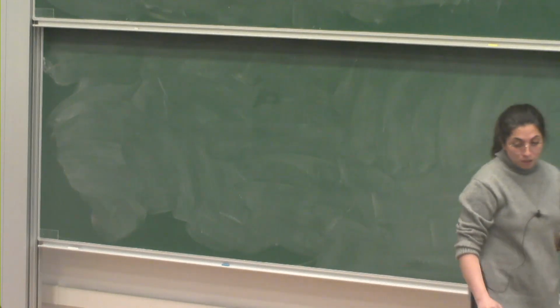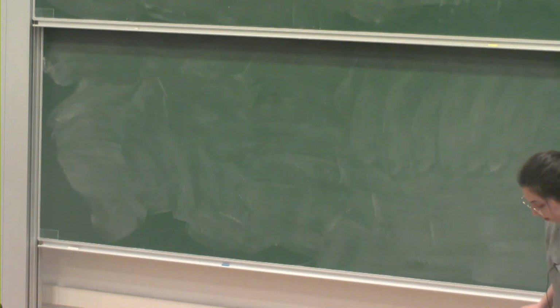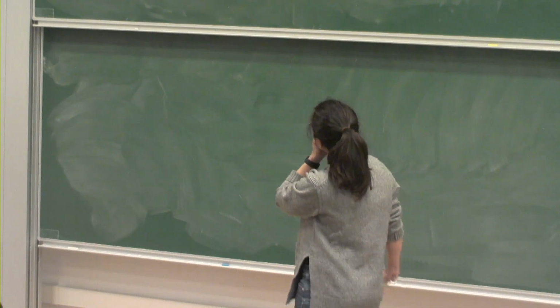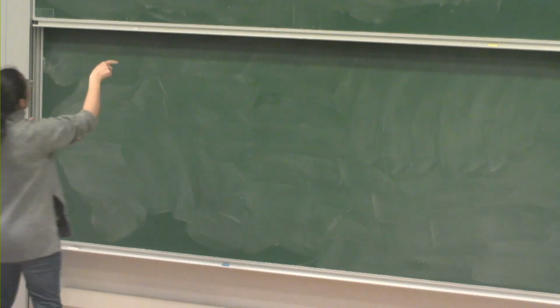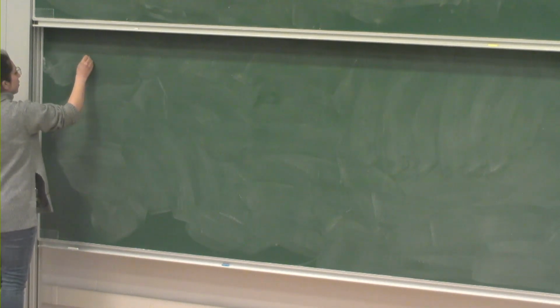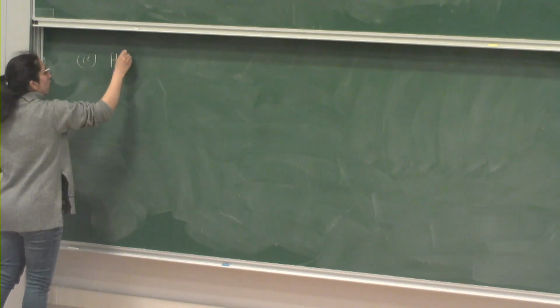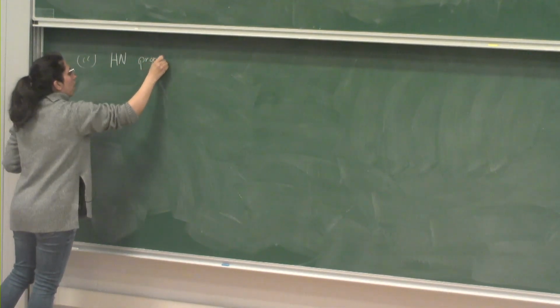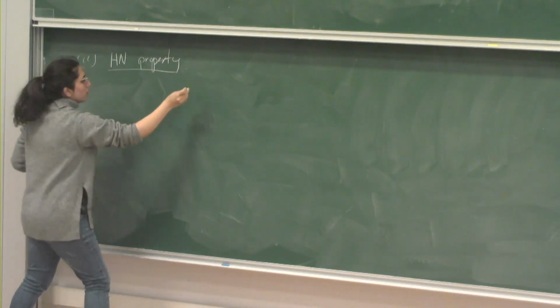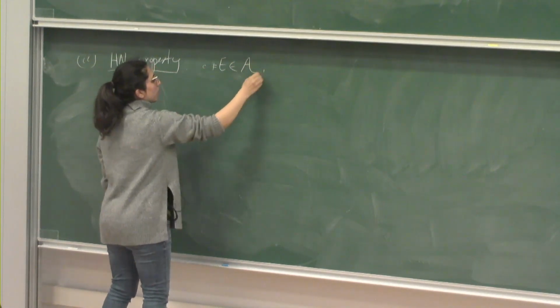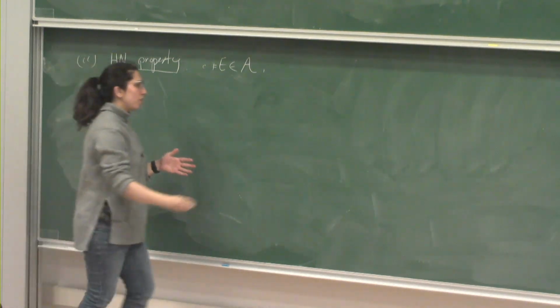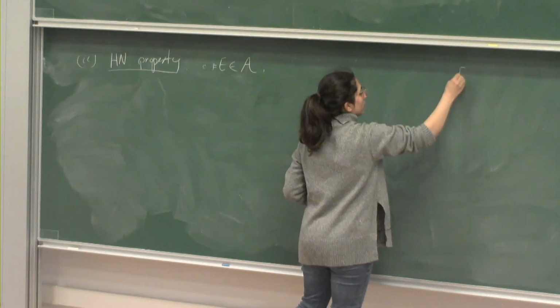So, as I said, we want this pair A and Z, via that notion of semi-stability, to satisfy the Harder-Narasimhan property. It just says that if I have any non-trivial object in this abelian category A, then there exists a finite filtration into semi-stable objects.